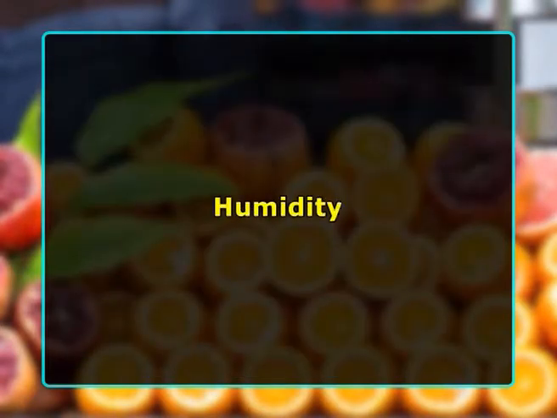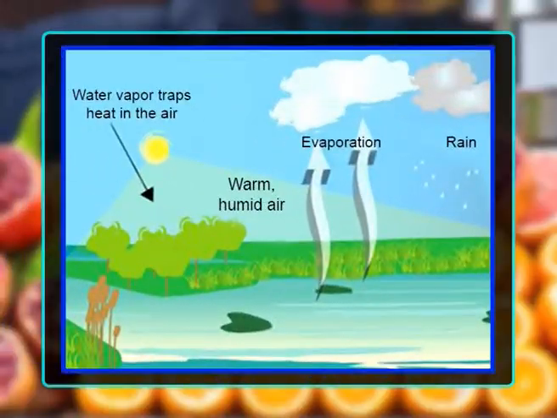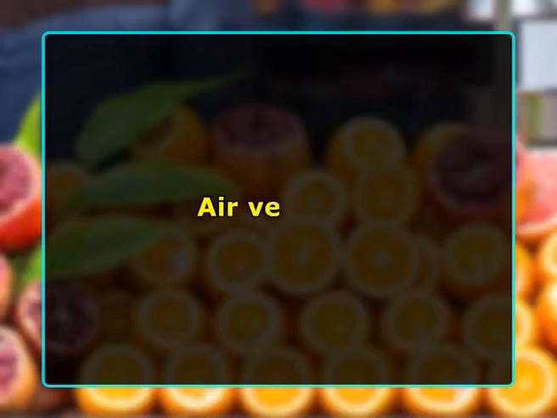The second important factor is humidity. The lesser the humidity of the air, the more is its capacity to carry the moisture content evaporated from the food. The third important factor is air velocity.